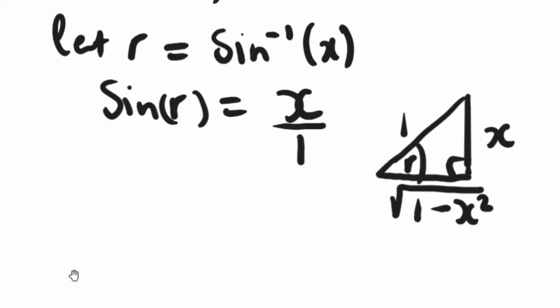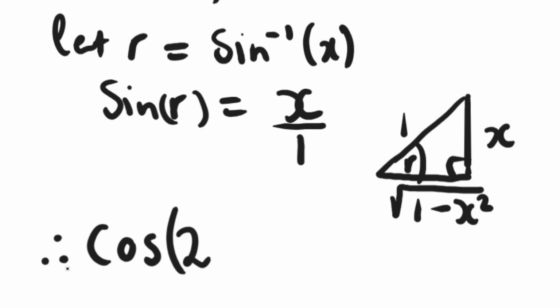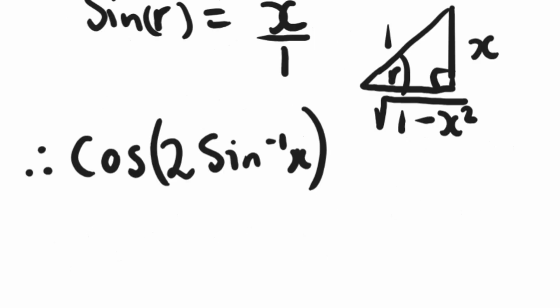From here, we can now proceed and solve our problem that was saying solve cos of 2 arcsine of x. And we say, therefore, cos of 2 arcsine of x is equal to what? Remember we said up there that arcsine of x is r.